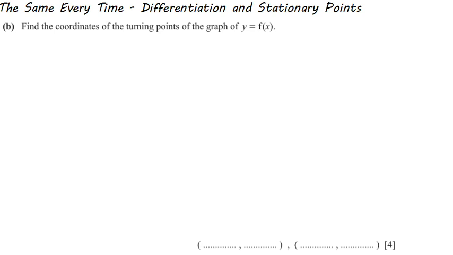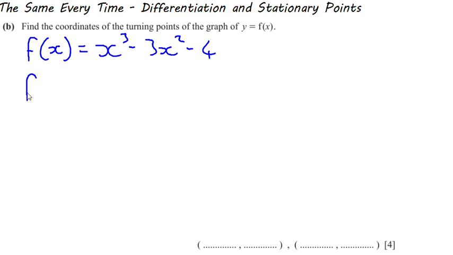And here we are in familiar territory again. Find the coordinates of the turning points of the graph of y equals f of x. Whenever they say turning points, we need to differentiate and put the differentiation equal to 0. Usually it's dy by dx, but they're using different notation in this one, so I call it f dashed of x.